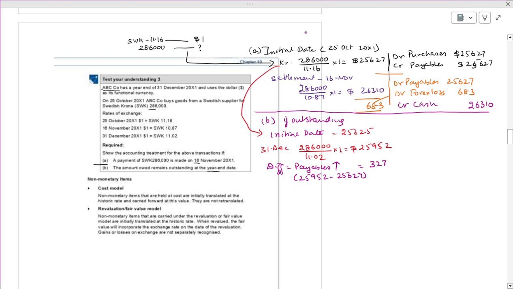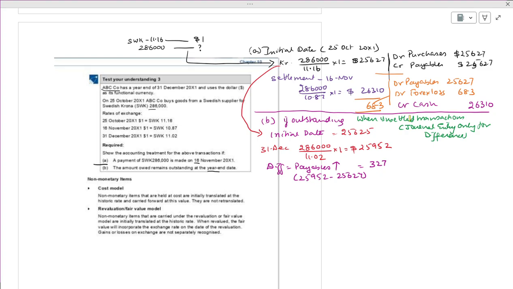327. Now, what is the journal entry? Unsettled transaction. Your payables are increasing. Is it a loss or gain? When it is an unsettled transaction, the journal entry is only for the difference.